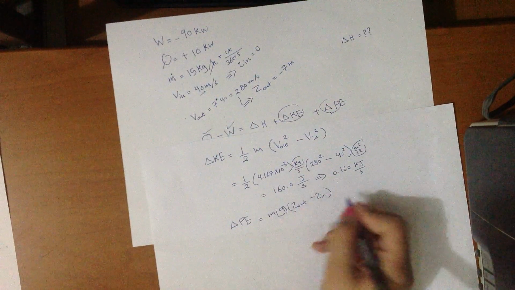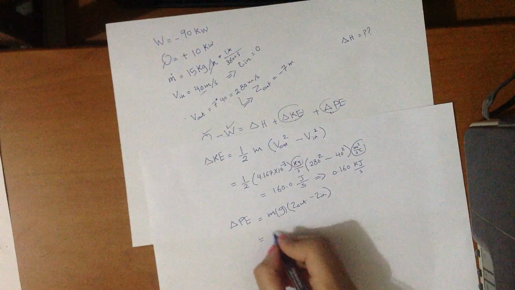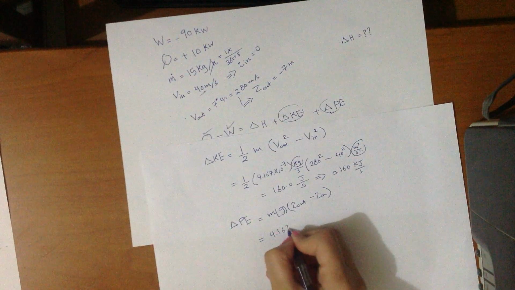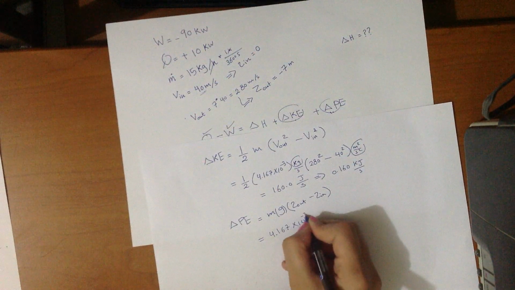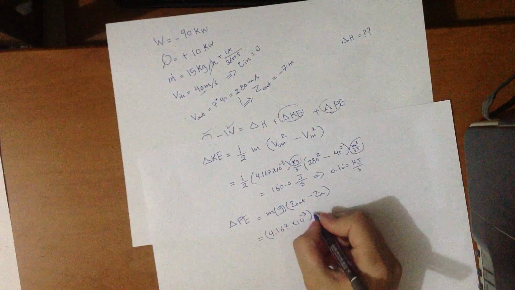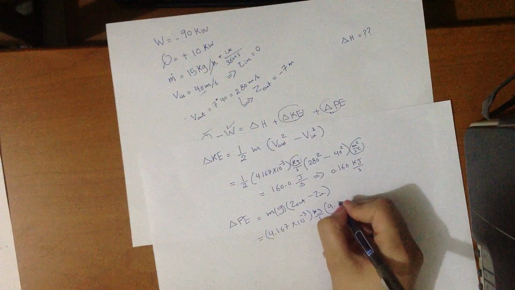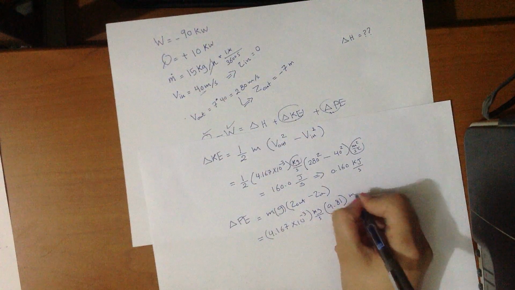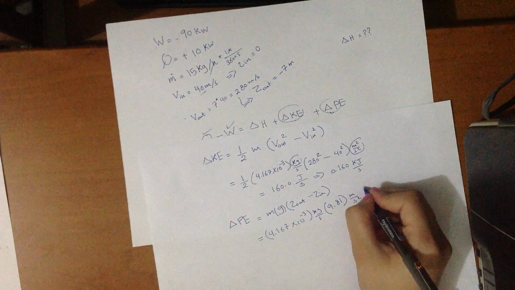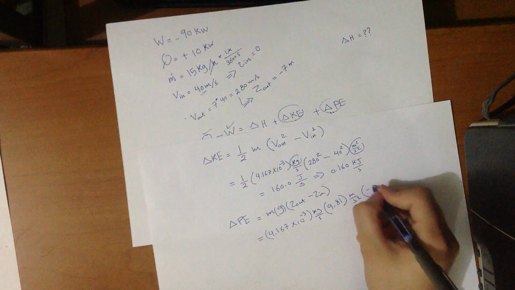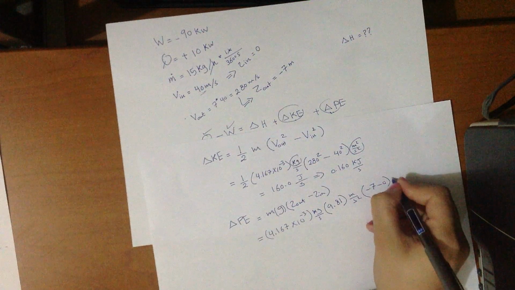This is equal to 4.167 multiplied by 10 to the power of minus 3 kilogram per second, multiplied by 9.81 meter per second squared, multiplied by Z out, which is minus 7, minus 0 meter.